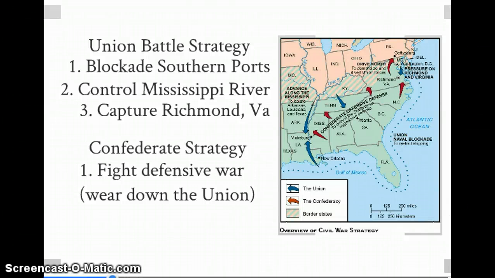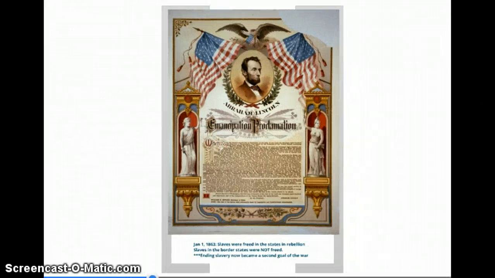So a lot of students tend to think that this war was fought to end slavery, and at the beginning of the war, that was certainly not the case, because if Lincoln freed the slaves, he knew those 4 states would immediately secede.